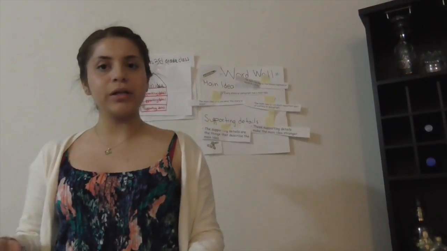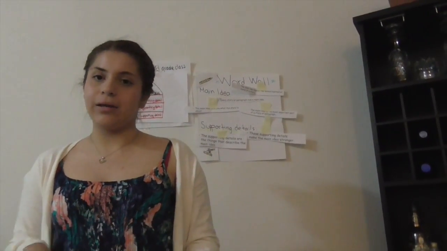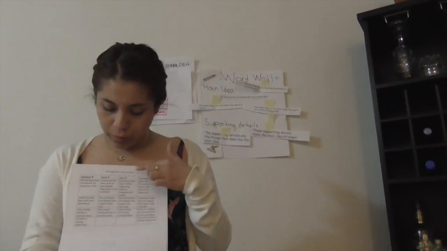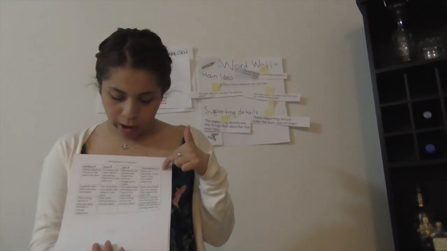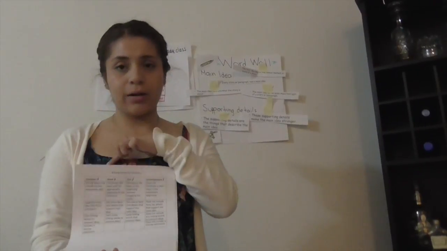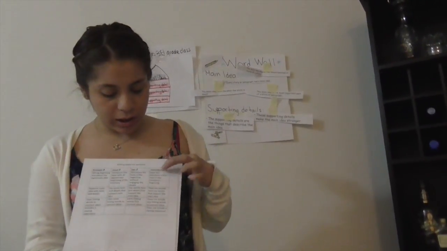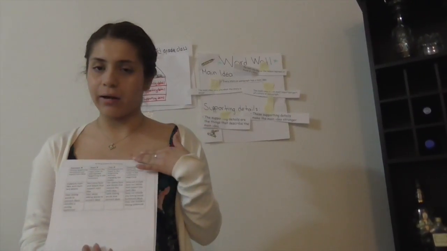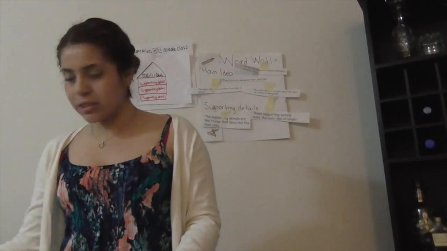Remember, I want 3 supporting details and the main idea. And you can write a conclusion as well. But I have made up this rubric where I have a 1, a 2, a 3, and a 4. Okay, so in here it's gonna tell you what I want you to write and how you're gonna get that grade, okay? So you guys can keep working on your group work, then we're gonna go over it.